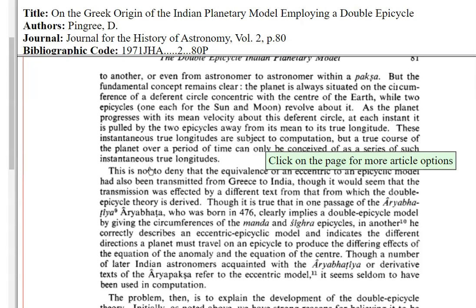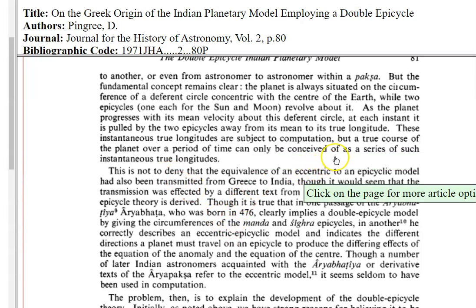So the longitude is measured from the vernal equinox, and the latitude is from the ecliptic, the height. And so there's a mean longitude and a mean latitude for the planet's location. That is, the planet path is divided into 365 days, and it's a regular planet, called the mean planet.